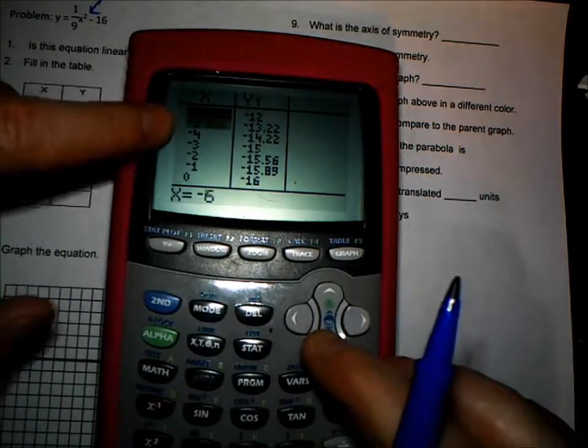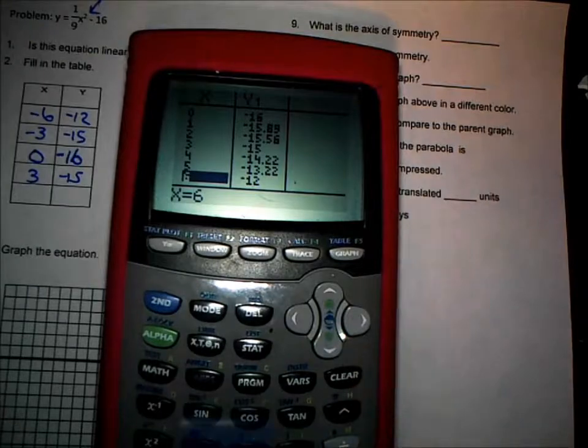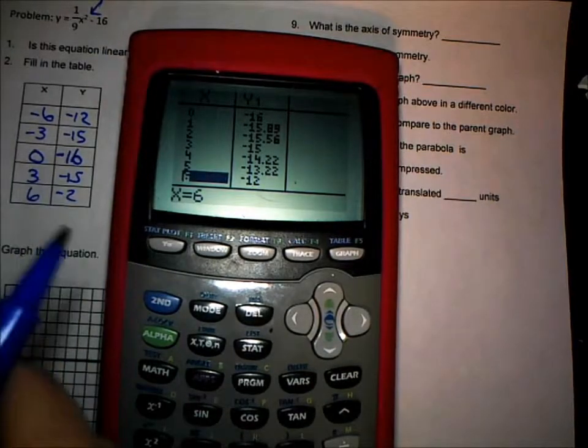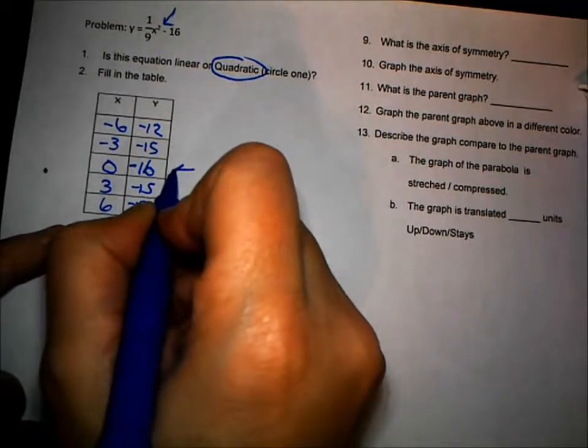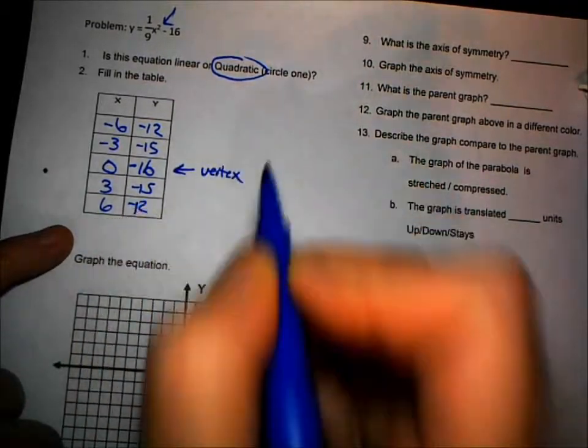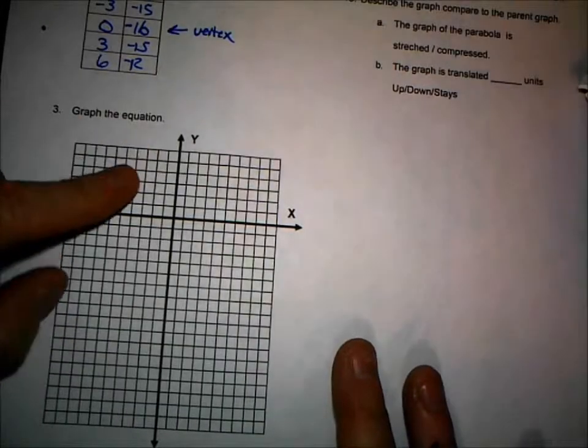And that should match on the bottom at 6. There it is, 6 and negative 12. So that I have the mirror image. Remember, that represents the vertex of my problem. Very, very important number.